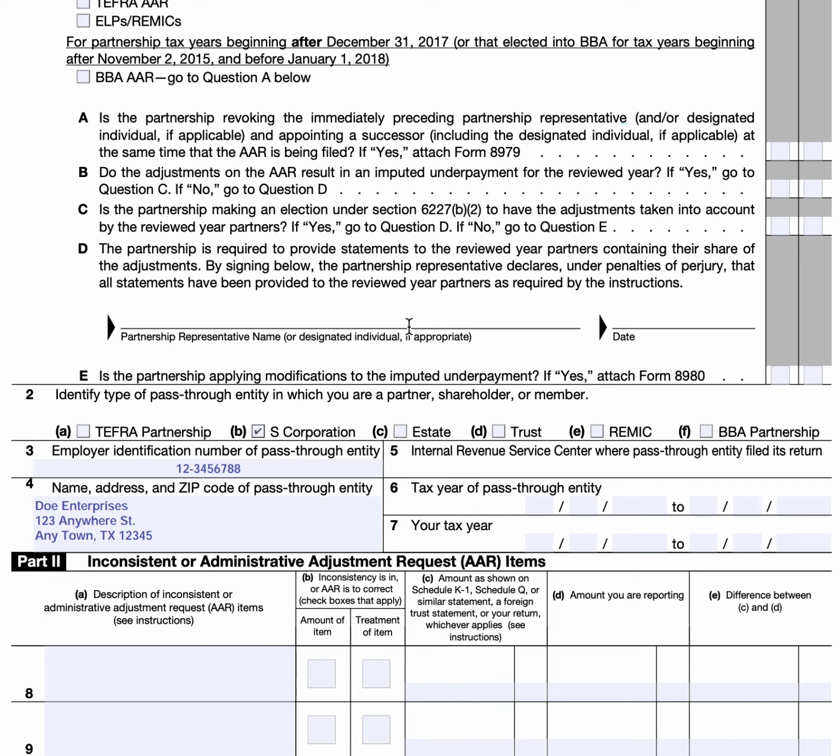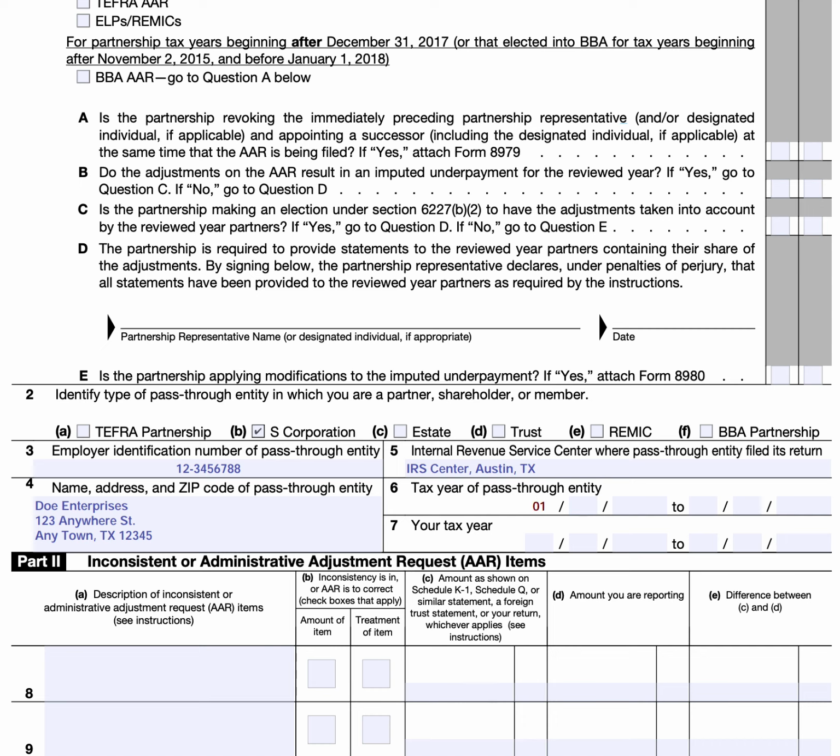Whatever that document is probably going to have much of this information in it, generally speaking. So again, going by whatever is reported to you, if your tax return went to a different IRS center, then use that.